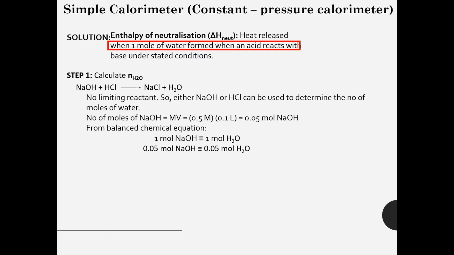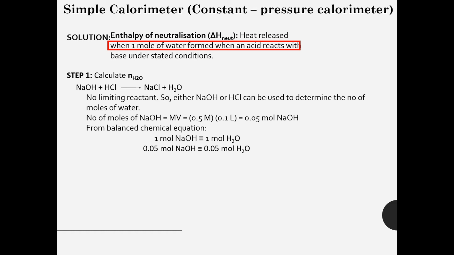To determine the number of moles of water, we can use the information of either the base or the acid HCl. In this question, I'm going to use NaOH. In the question, 0.5 molar of NaOH is used, and 100 ml of NaOH is used.